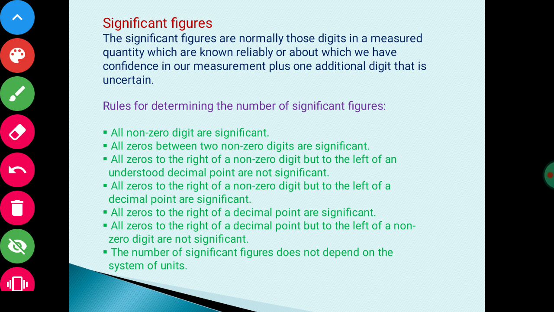Rules for determining the number of significant figures. There are many rules. We will discuss a few of them. First one, all non-zero digits are significant. Non-zero digit means a digit which is not zero. For example, 13.75.